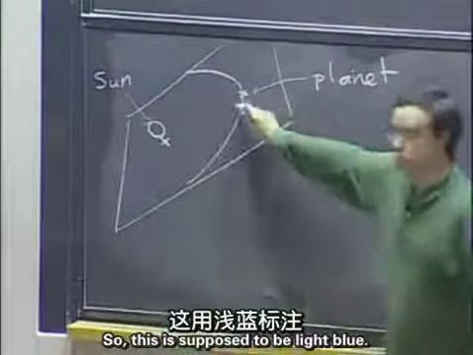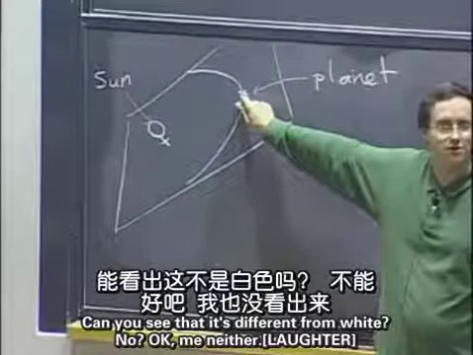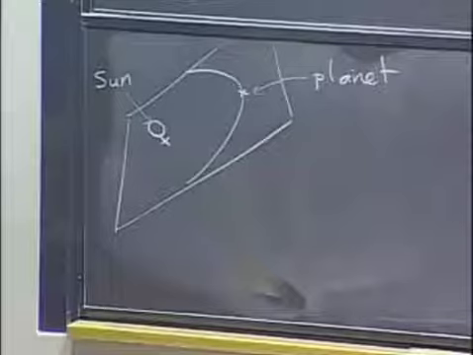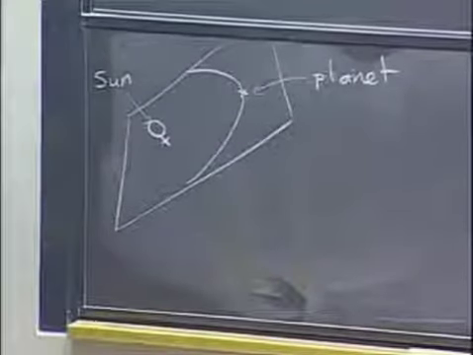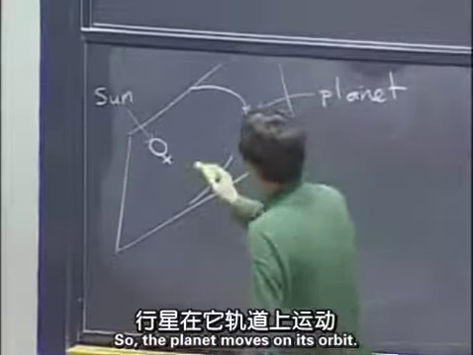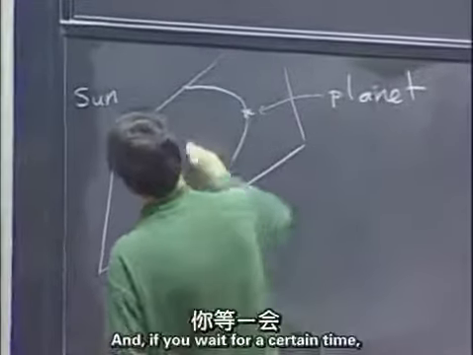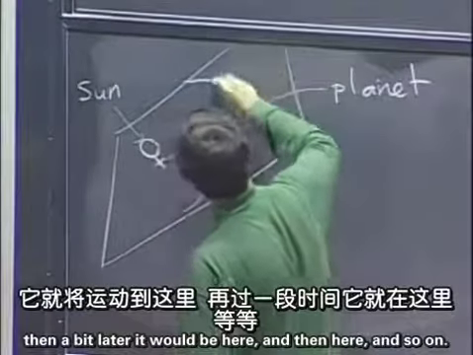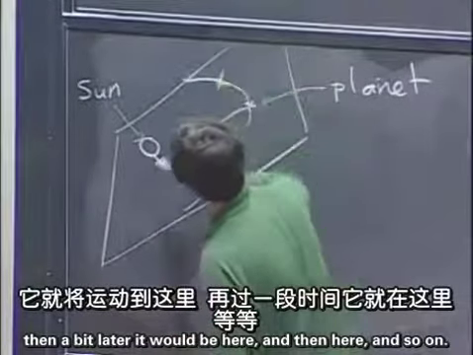So this is supposed to be light blue. Can you see it as different from white? No. Okay. Me neither. Okay. Doesn't really matter. So the planet moves on its orbit, and if you wait for a certain time, then a bit later it will be here, then here, and so on.